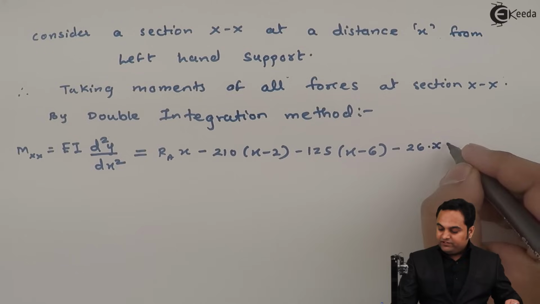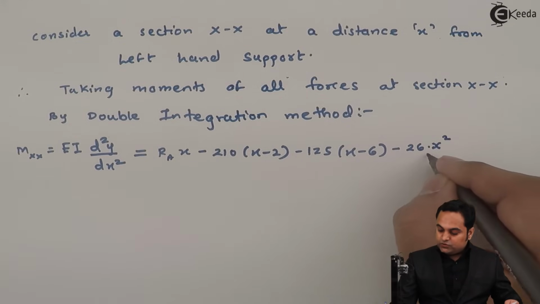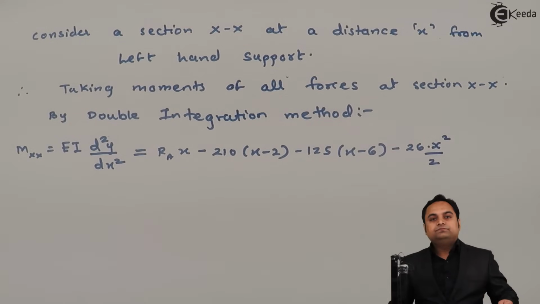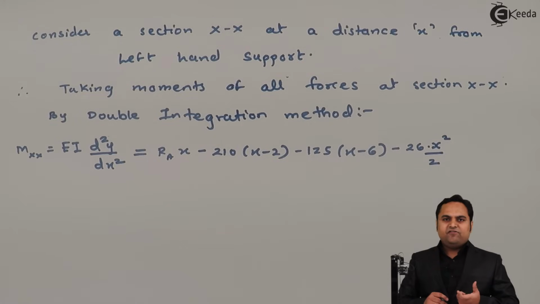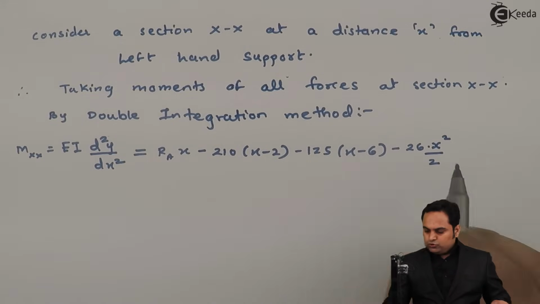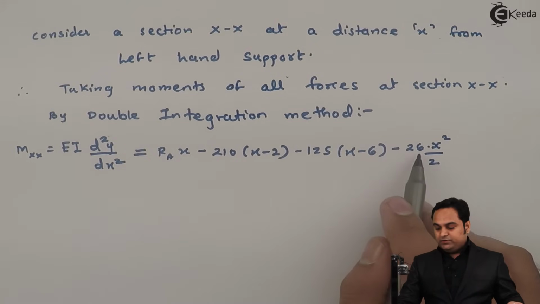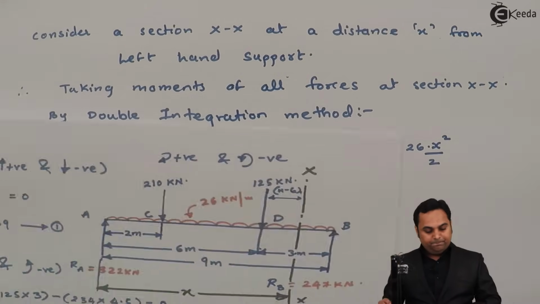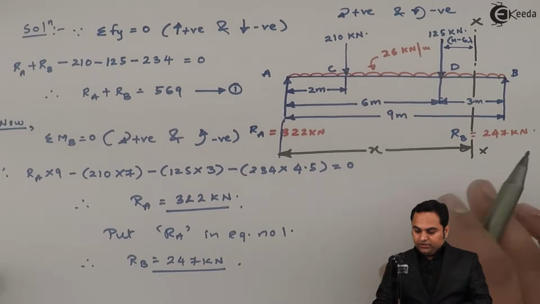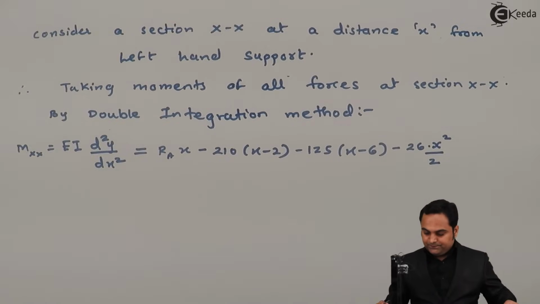So 26 into x multiplied by x by 2 gives us minus 26 into x square by 2. Now we have completed all the forces.